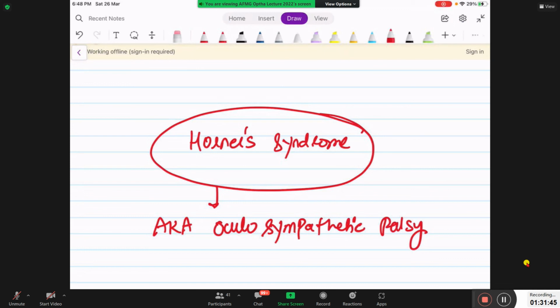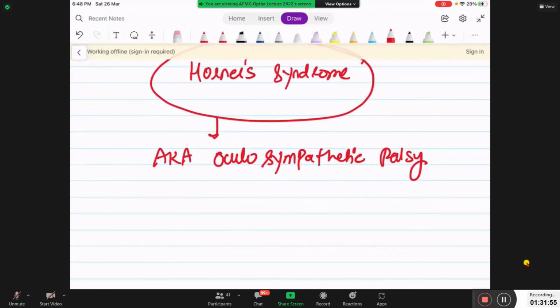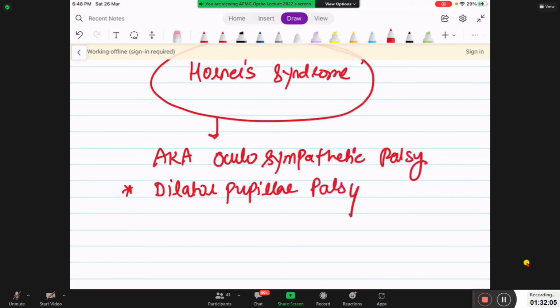I'll give you all the answers in one mnemonic only. No need to go into detail. Write down: it is dilator pupillae palsy.